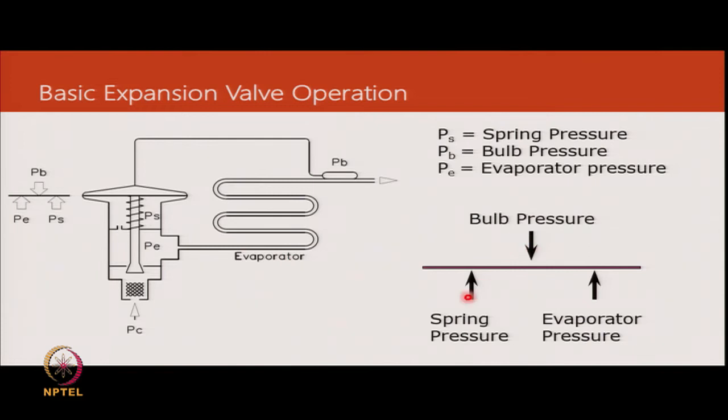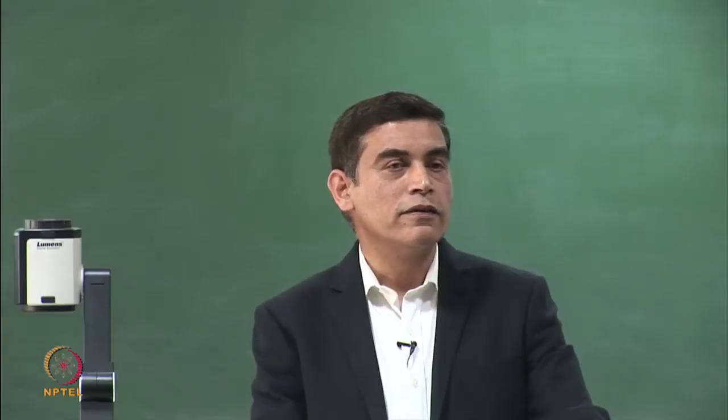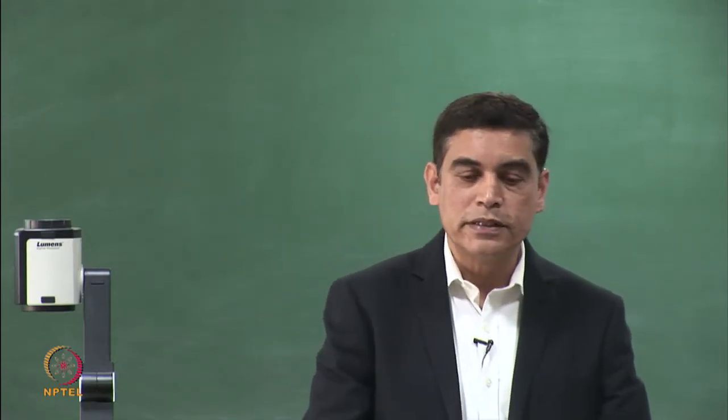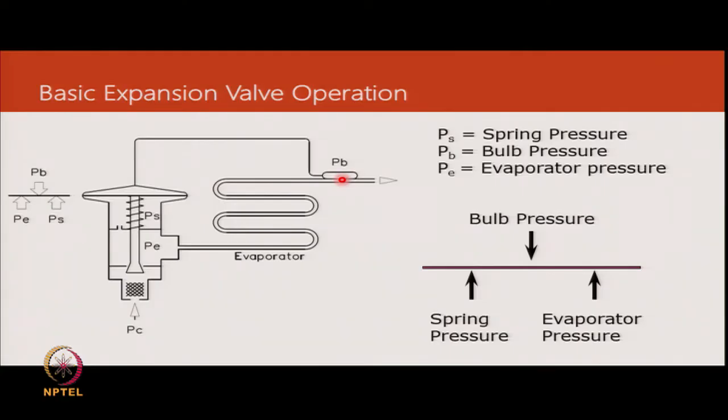So based on the bulb pressure, spring pressure and evaporator pressure, we will define the degree of opening of this orifice. And for that reason, this is a continuously adjusting expansion valve, and it is a thermostatic expansion valve, not an automatic expansion valve, because we are sensing temperature and then converting it into a pressure signal.